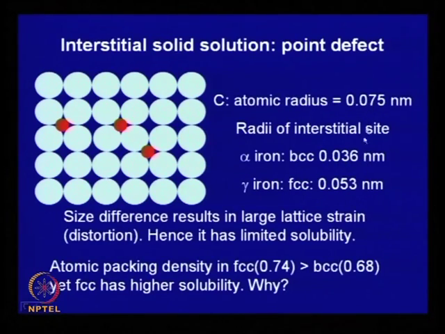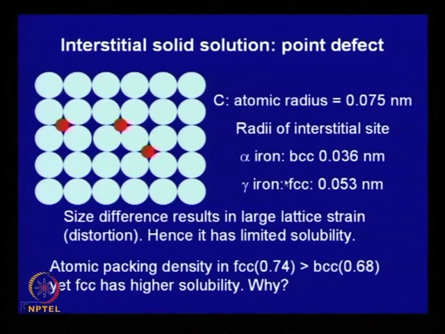So, if there is a BCC lattice and you try to push the carbon atom in, there will be large distortion around the place. So, this puts a limit. Whereas if you look at face centered cubic crystal, the radius of the interstitial site is much larger, 0.053. It is substantially larger than this, but still it is smaller than the radius of the carbon atom.